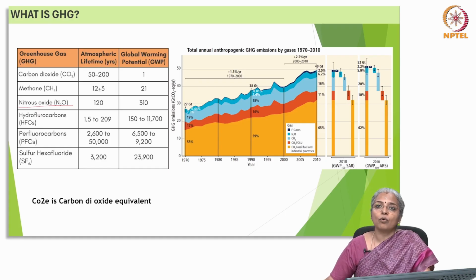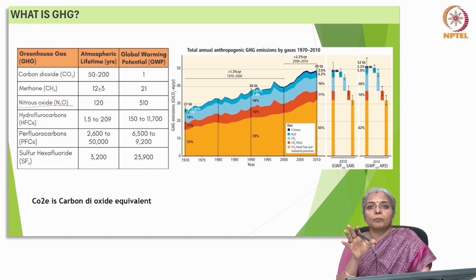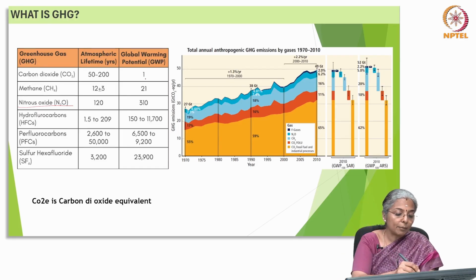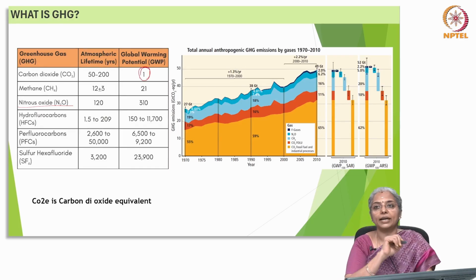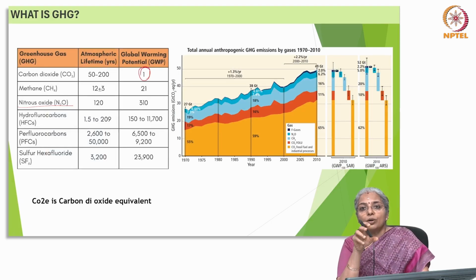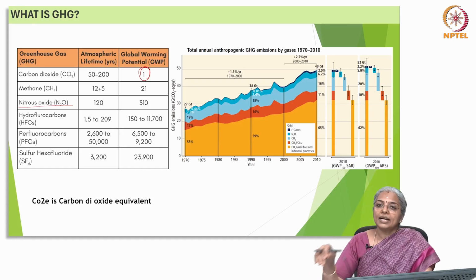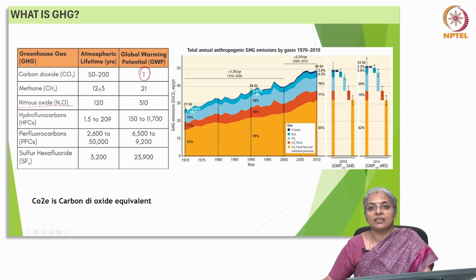Then what is global warming potential? Global warming potential is a term which allows us to compare the gases by measuring the amount of energy 1 ton of a gas absorbs over a 100-year period as compared to 1 ton of carbon dioxide. So, global warming potential is a comparative term, and that comparison is with the global warming potential of carbon dioxide.